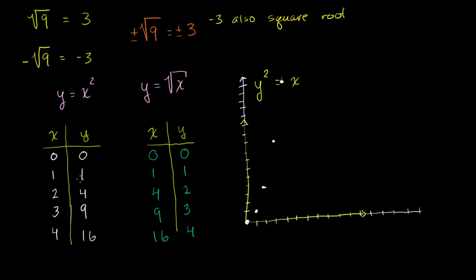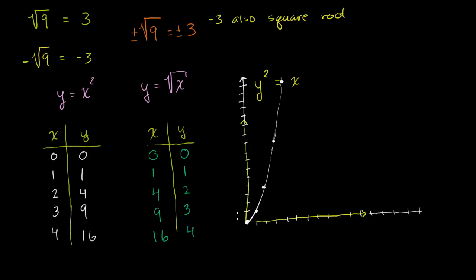The graph of y equals x squared, and we've seen this before, is going to look something like this. We're just graphing it in the positive quadrant, so we get this upward opening U just like that. Now let's graph y is equal to the principal square root of x.